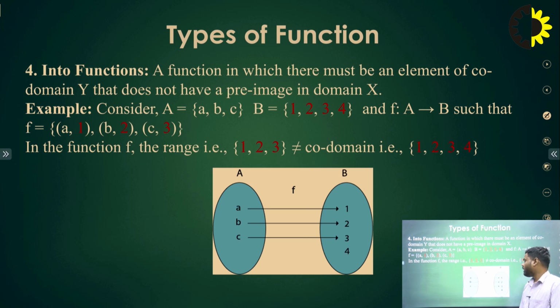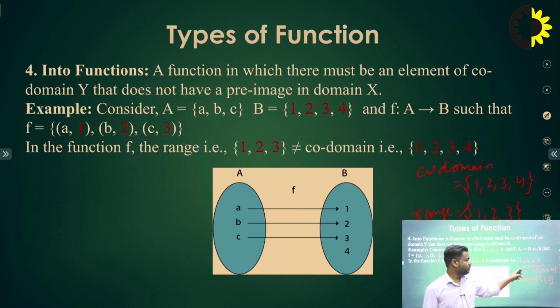Okay, if we check a codomain, what will it be? 1, 2, 3, 4, and what is the range? 1, 2, and 3. These are the codomain and the range, and the domain is A, B, C. So the range is not equal to the codomain, and that is known as an into function.